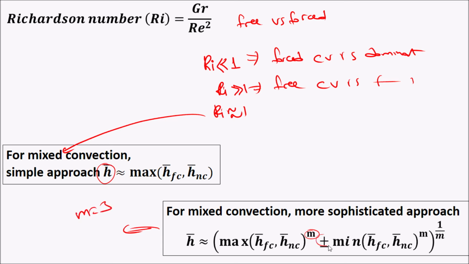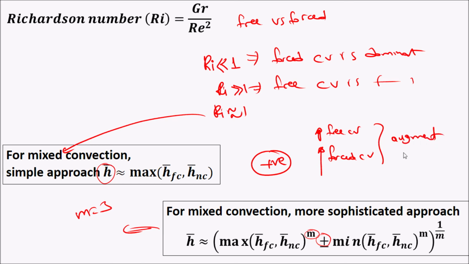The plus sign means that forced CV and free CV are in the same direction, so they are helping each other, augmenting each other. We call it assisting flow. But if they are in opposite directions, free CV in one direction and forced CV in the other, you will use the minus sign.